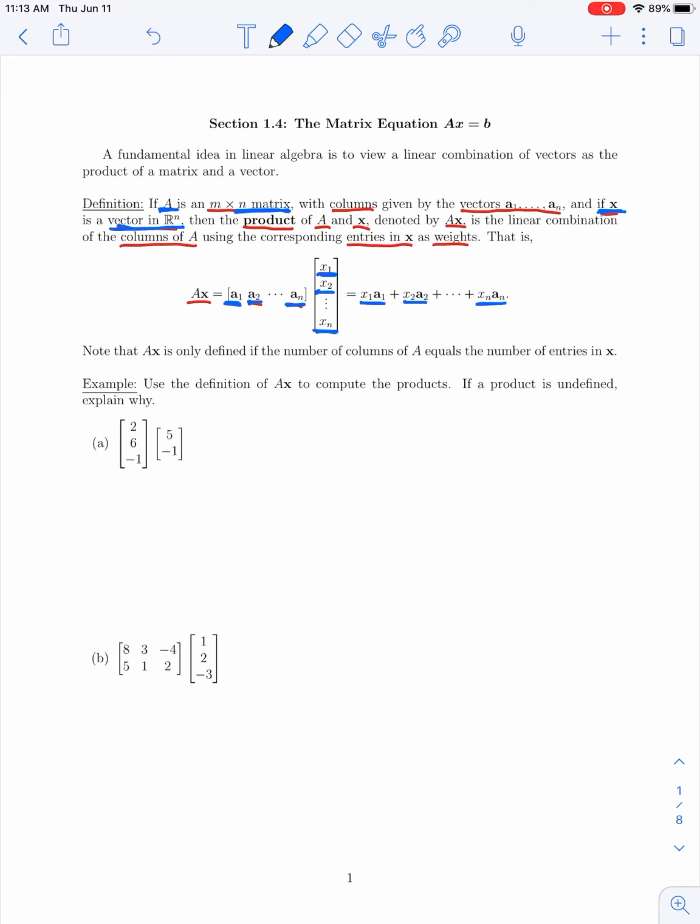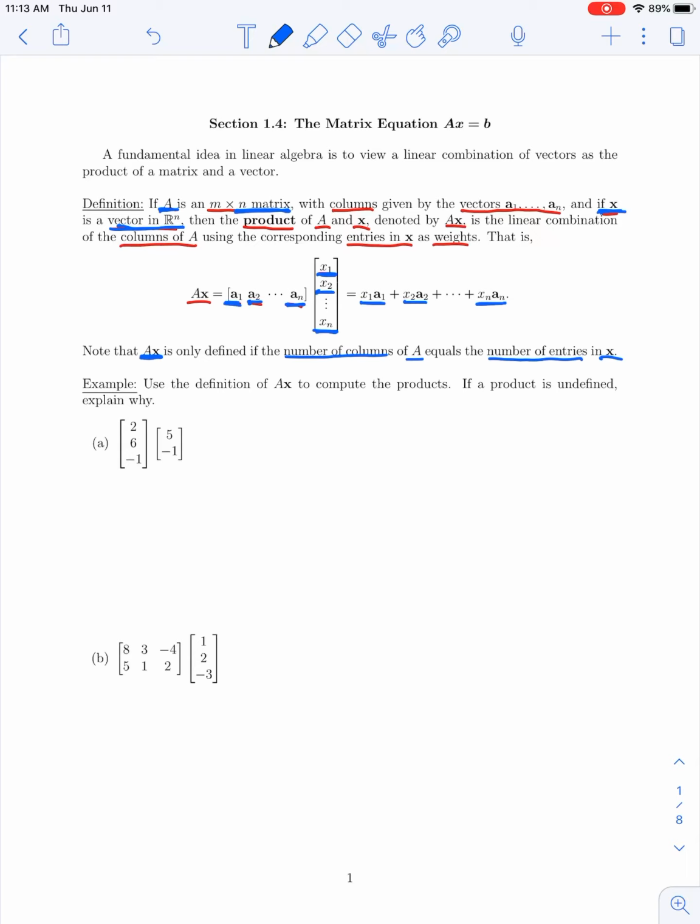That is, the length of our vector X, or the number of entries of X, has to be the same as the number of columns of A. So here we can only define A times X if the number of columns of A is equal to the number of entries in our vector X.